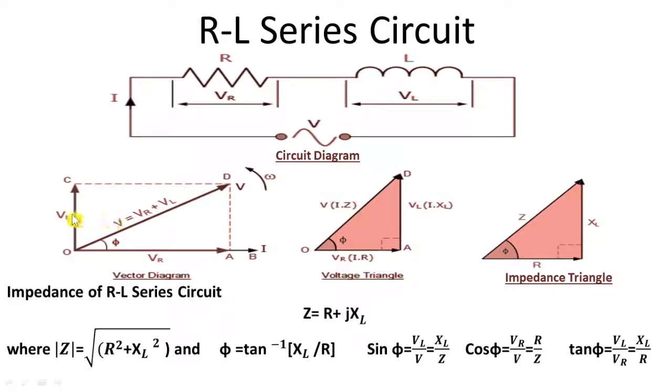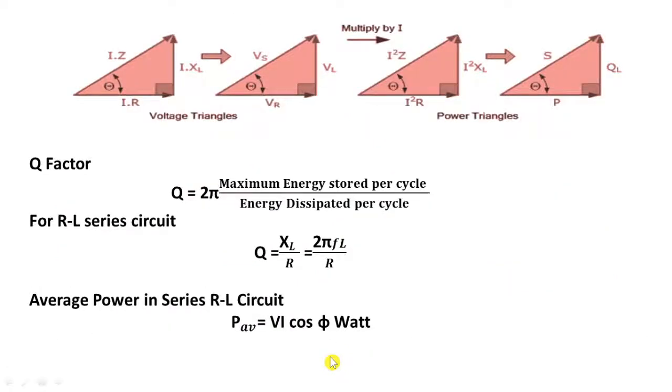We show VL in the 90-degree upward direction because it leads the current by 90 degrees. The formula for impedance is Z equal to R plus jXL, the mod of Z is under root R square plus XL square, and the phase angle phi is tan inverse of XL divided by R. The Q factor of the RL series circuit is Q equal to XL divided by R, and the average power is VI cos of phi.